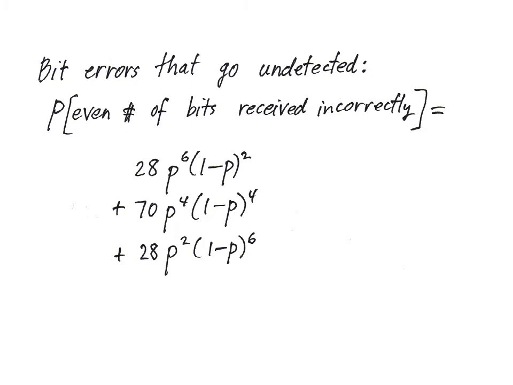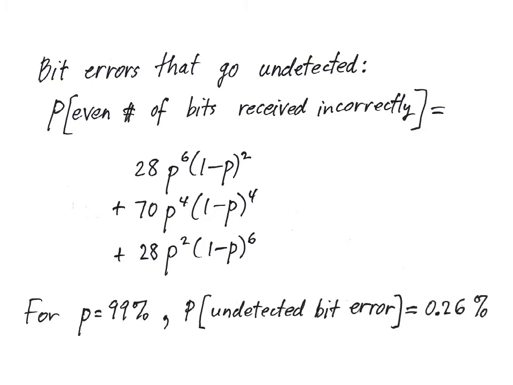And then the probabilities of those happening. So, for example, with p equals 99%, the probability that a bit error occurred but had not been detected is only 0.26%.